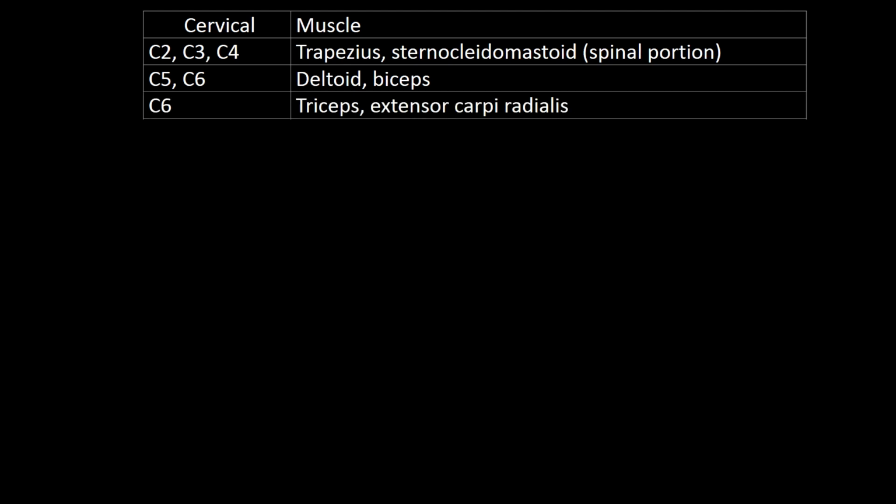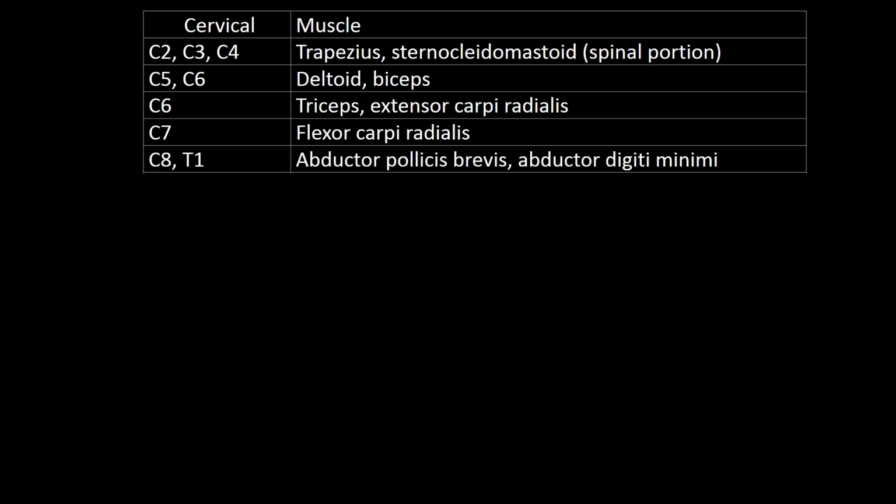The C6 segment innervates the triceps and the extensor carpi radialis. The C7, the flexor carpi radialis. The abductor pollicis brevis and the abductor digiti minimi are innervated by fibers from C8 and T1. Muscles innervated by the same segment make good pairs to join in a derivation to detect root compromise of the specific roots.